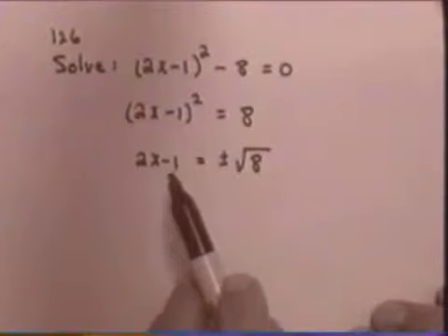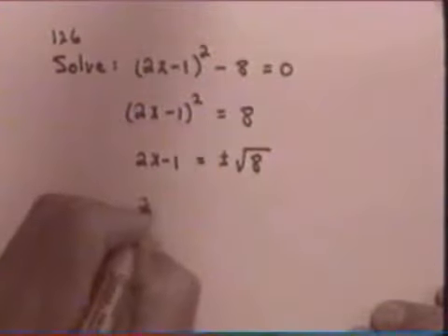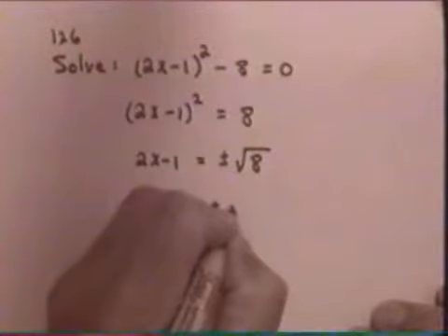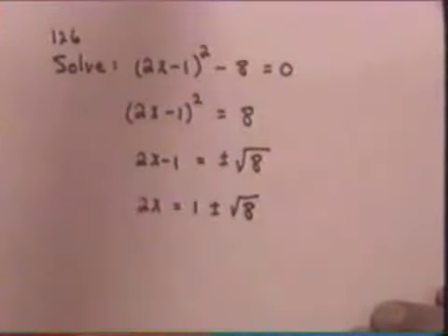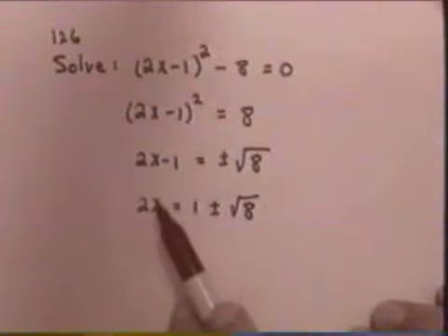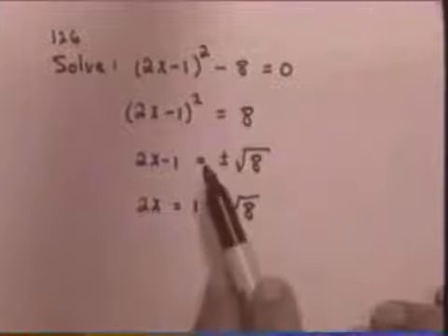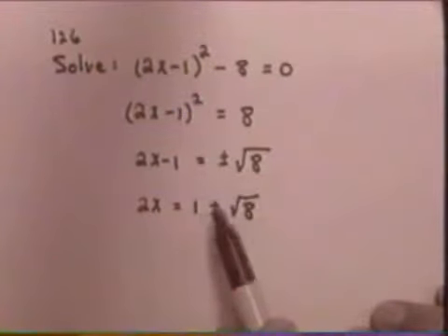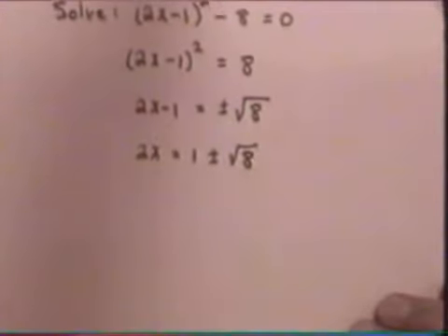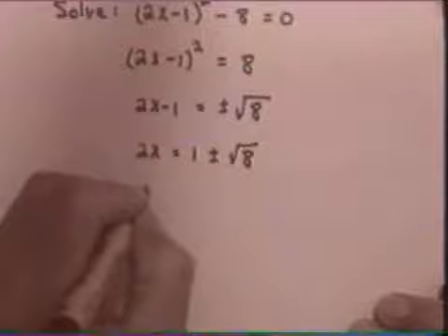Now I can add 1 to both sides to get 2x is equal to 1 plus or minus the square root of 8. If I add 1 to the left, I'll eliminate the negative 1. If I add 1 to the right, I get 1 plus or minus the square root of 8. Now I want to get x by itself, so I'm going to divide by 2.